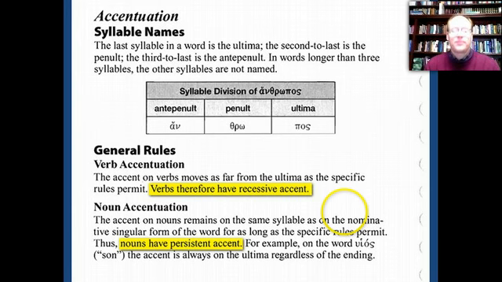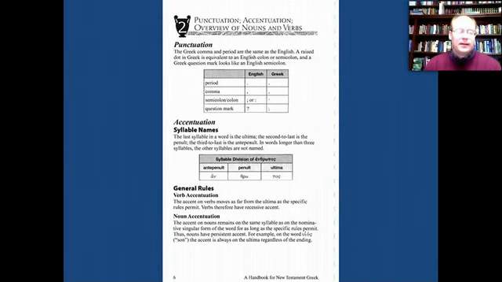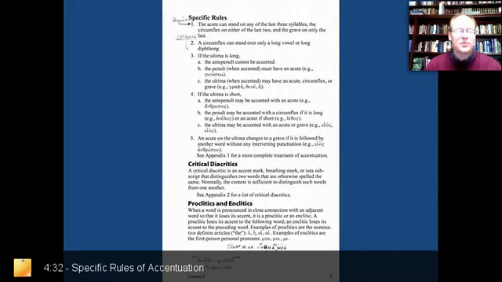Verbs recessive, nouns persistent. The textbook gives you an example there with uios. The accent is on the ultima, the syllable os, and will stay there regardless of the ending. So that covers punctuation, accentuation, and the general rules for accentuation. Now we come to the specific rules.